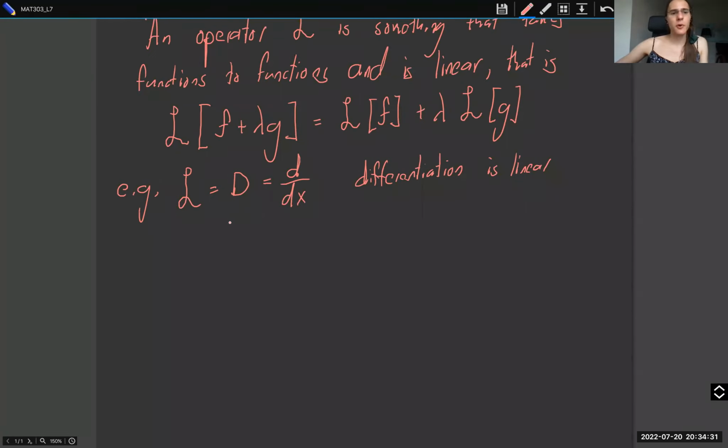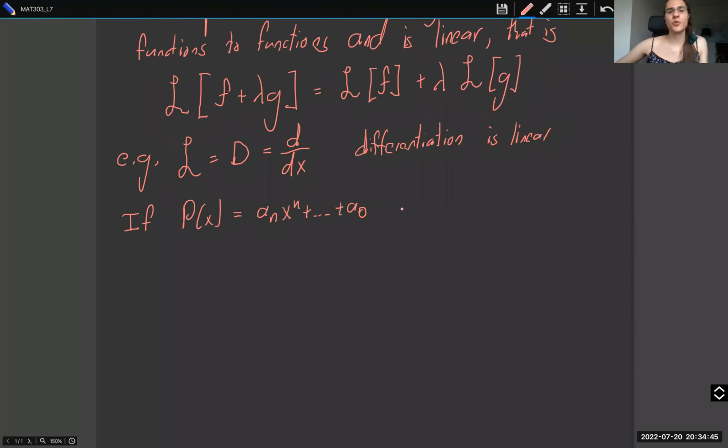Now, what I'm going to do is, if P of X is some polynomial, then I'm going to evaluate the polynomial on a differential operator.